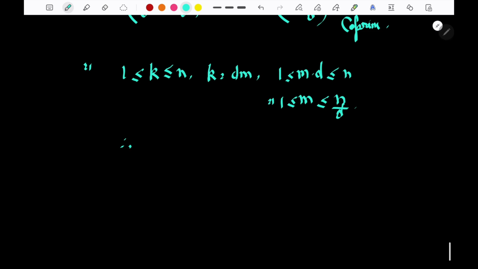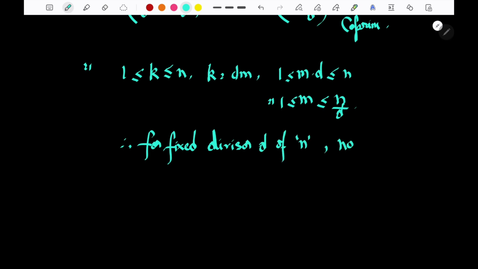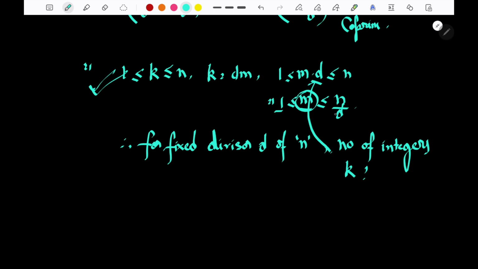Therefore, for any fixed divisor d of n, what are we finding? The number of integers k that lie in the range 1 to n is equal to the number of integers m which lie in the range 1 to n by d, where HCF of m comma n by d is 1.